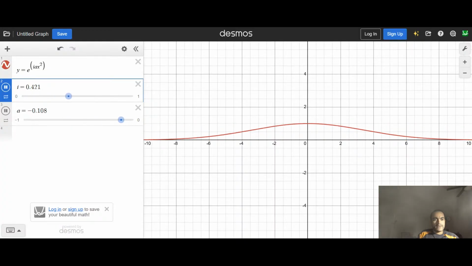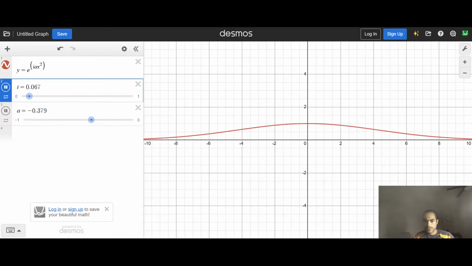What would the range be? What are the boundaries? Anyone know? The range will just be something going from 0 to that apex there.